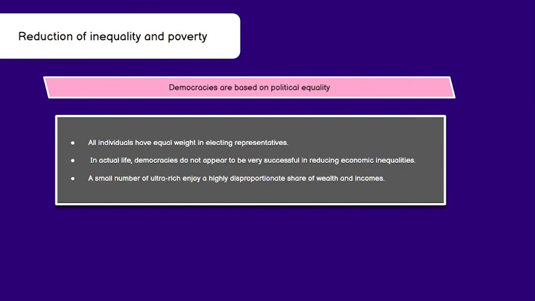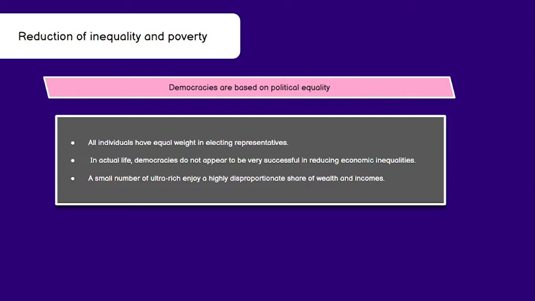Now coming to reduction of inequality and poverty. So we know that poverty is a major problem in many of the countries. Democracies are based on political equality, right? So all individuals have equal right in electing representatives, right? So we know that there is one value for one vote. In actual life, democracies do not appear to be very successful in reducing economic inequalities, right?